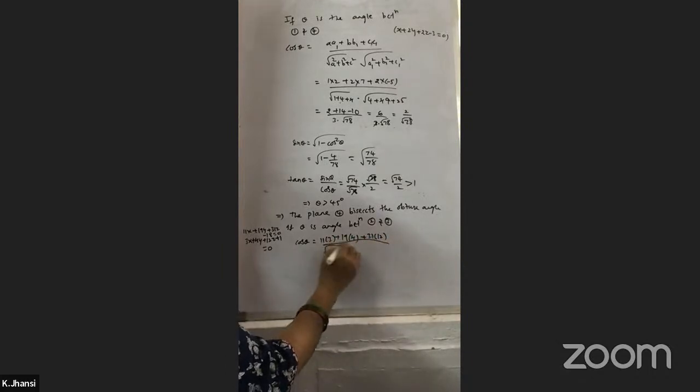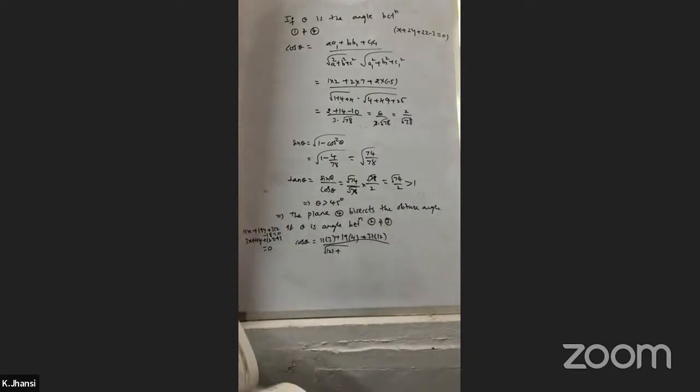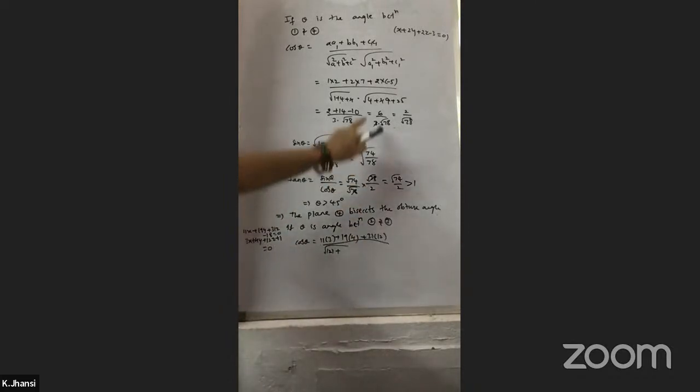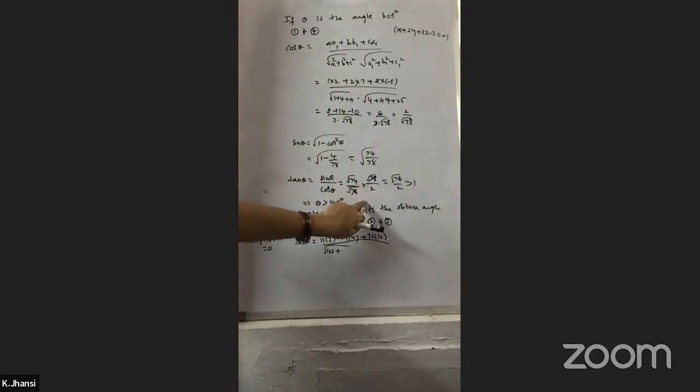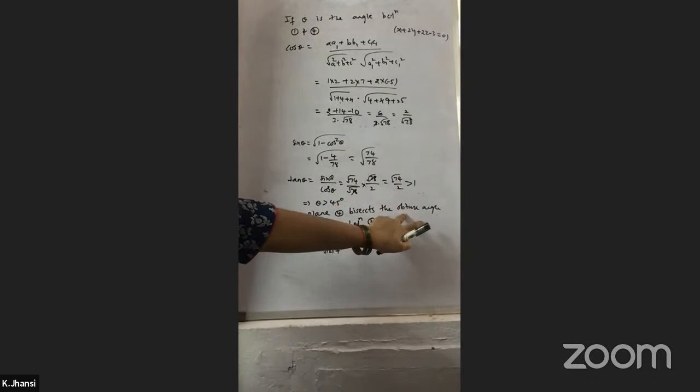by the square root of 11 squared, which is 121, plus 19 squared, and so on. In a similar way, with the help of the calculator, you find this. The procedure is the same. For 1 and 4 we got the obtuse angle.